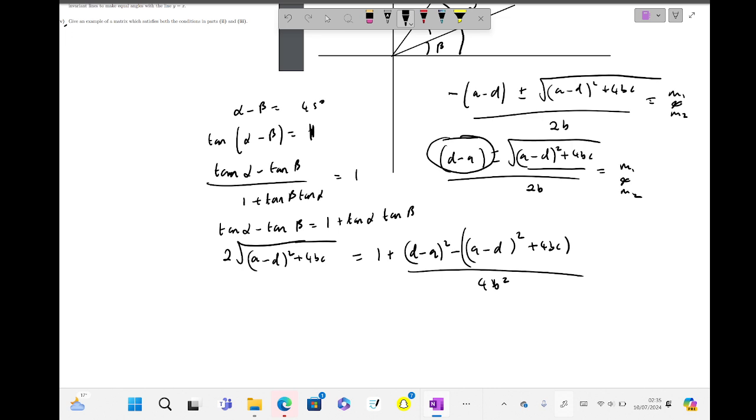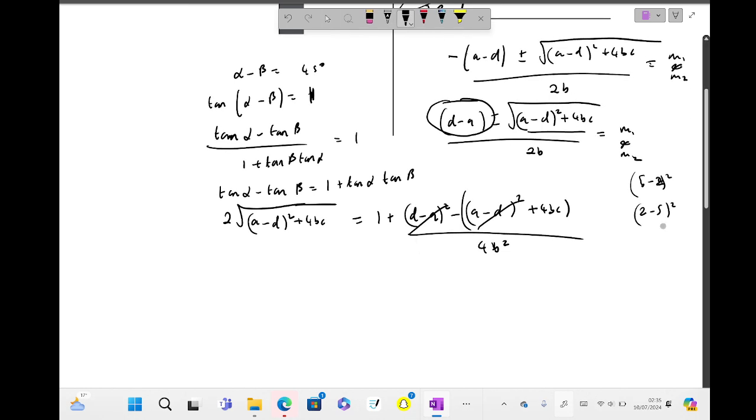And if you don't believe me, or if you think that's wrong, literally just do 5 minus 2 whole squared and 2 minus 5 whole squared. It's the same thing because if you square a real number, it will always be positive. So it doesn't matter. So you can cancel out these two, and you're going to get... this should also be b over 2b.